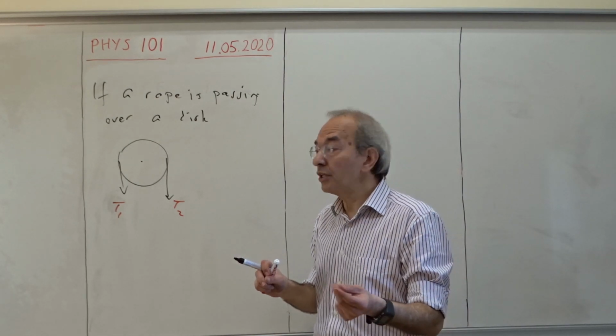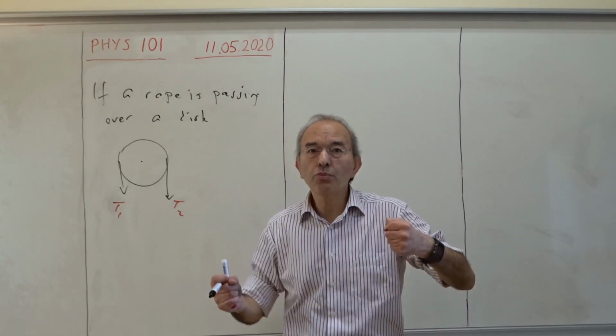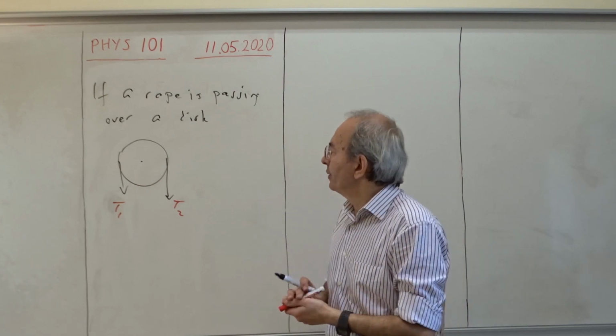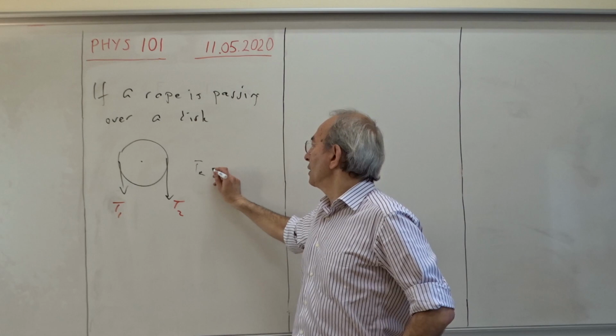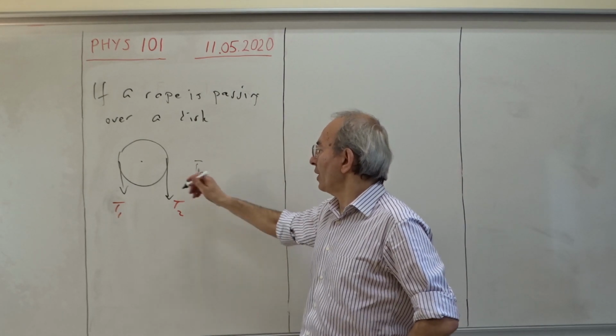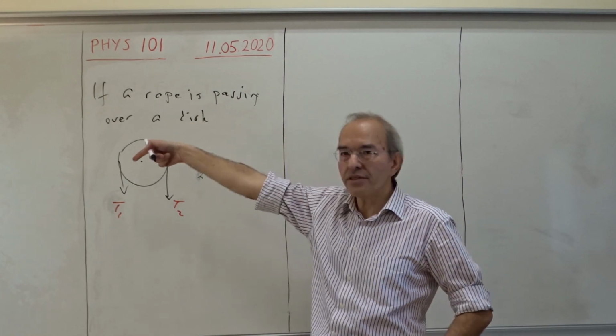But different tensions are applied to the two parts, let's say, and T2 is greater, for example. T2, let's say, this tension on the right hand part is greater than the tension on the other side.